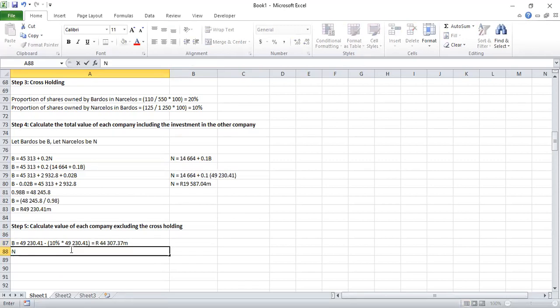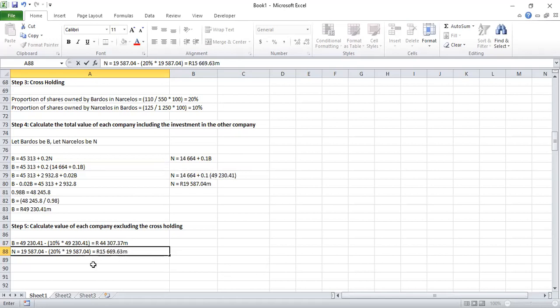Then Nacelos, 19,587.04. Remember, Bados owns 20%. What do we get? 15,669.63.